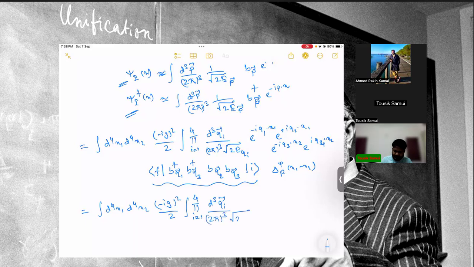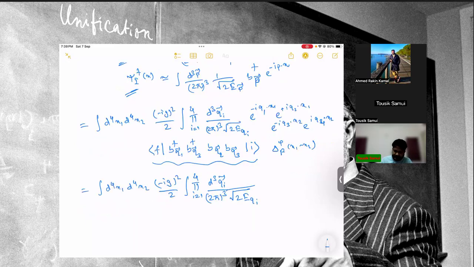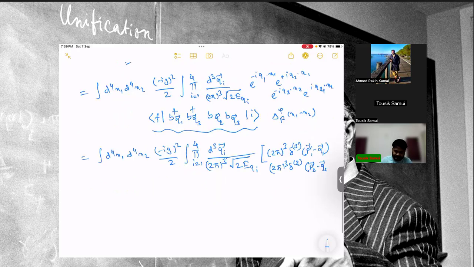We have these delta functions, p1 prime minus q1, (2π)^3 delta of q, and this is q1. Okay, so this is the first term, and by the way, this is not a commutator.